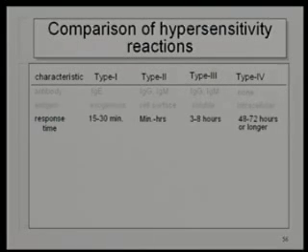Response time can be very early. That's why it's also referred to as immediate hypersensitivity. There's no real temporal characterization of these two. In the case of type 4, it is very much delayed. That's why it was referred to as delayed hypersensitivity.